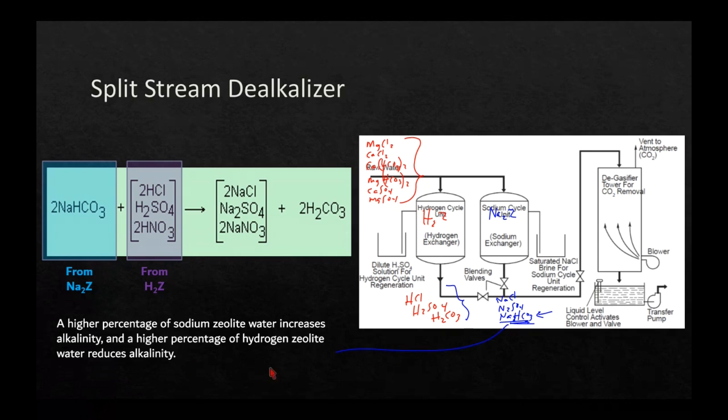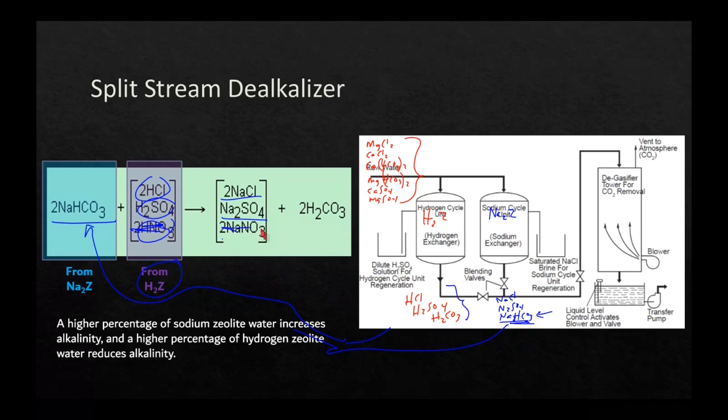So let's take this thing and, oh, what happened there? There it is. Sodium bicarbonate plus all the various acids that are coming from the hydrogen zeolite softener are going to undergo neutralization reactions, giving us sodium chloride, sodium sulfate.